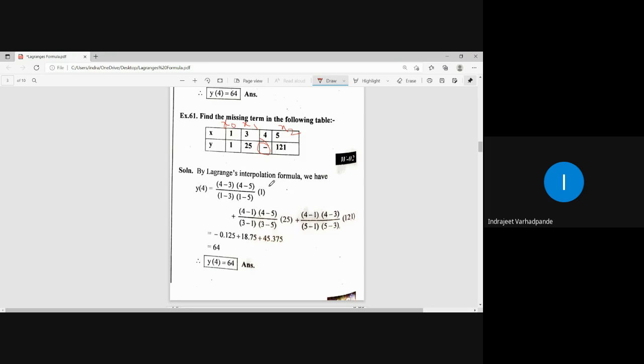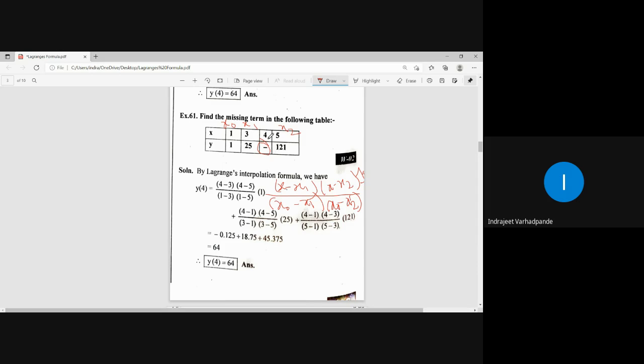So the very first step over here will be x minus x1 multiplied by x minus x2, right? Because I am writing down the formula for x0, and in the denominator the same terms will be copied but replacing x by x0. So it becomes x0 minus x1, x0 minus x2, to be multiplied by the functional value y0, right?